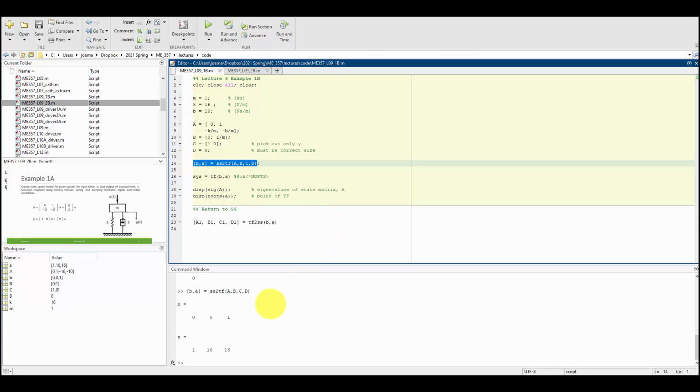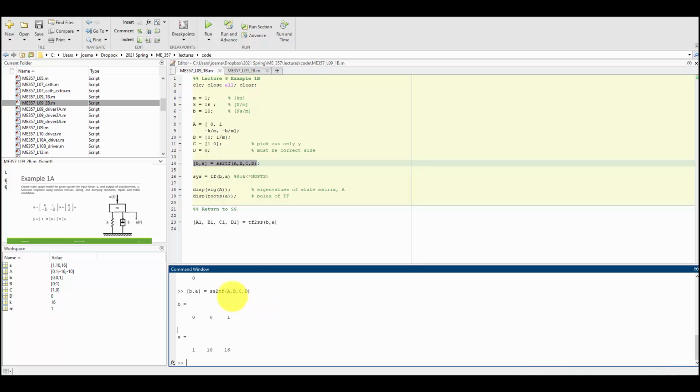So it gave us a B vector and an A vector. Again, what do these represent? Because this system has only one output or one observable and one input, B and A are both only a single row. A has the number of rows equal to the number of inputs, 1, and B has a number of rows equal to the number of outputs, again 1.